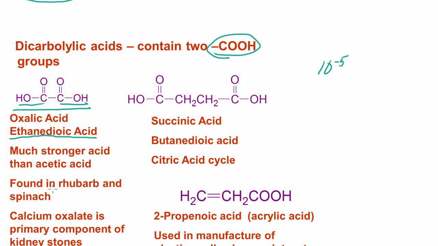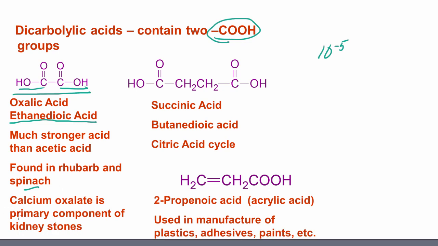We find oxalic acid in things like spinach and rhubarb, and people that have kidney stone problems have to be careful when they eat these foods, because when oxalate combines with calcium ion, then you end up with kidney stones, so calcium oxalate, which is not water soluble.